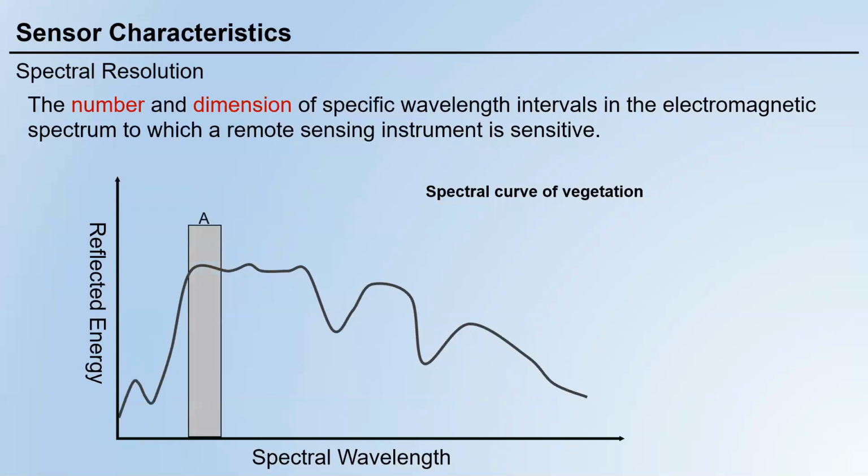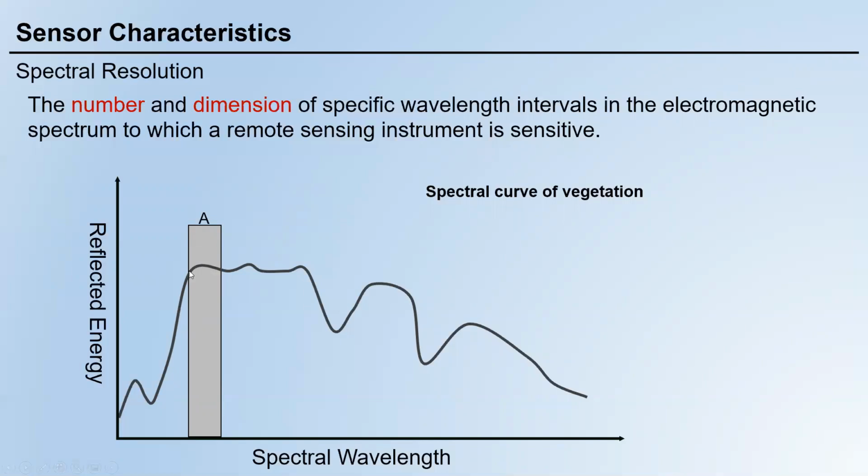Now we have a specific band, band A. It's from sensor A. It is not narrow. It's very wide. It covers a wavelength from here to here, and within this range of wavelengths, it actually covers a huge part of the signature of this curve, because the reflectance of vegetation increases dramatically within this range and becomes stable.